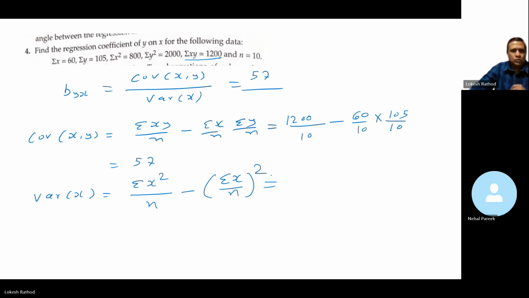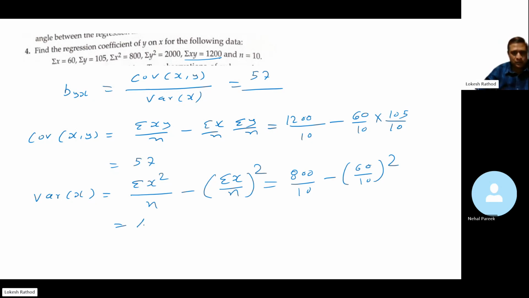So sigma x square is 800, n is 10, sigma x is 60 over 10 whole square. So what do we get? 44.